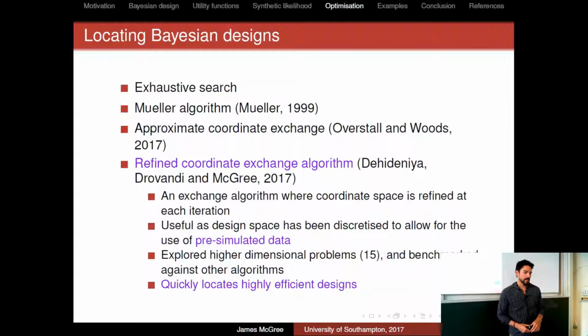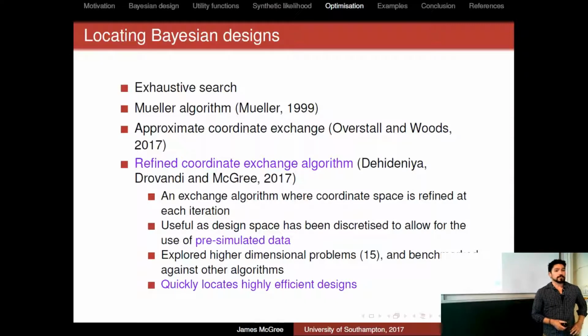The refined coordinate exchange algorithm seems to do that well. We've looked at design problems of 15 dimensions and benchmarked it against other algorithms, and it located highly efficient designs with a small number of utility evaluations. Okay? So that's it on optimization.